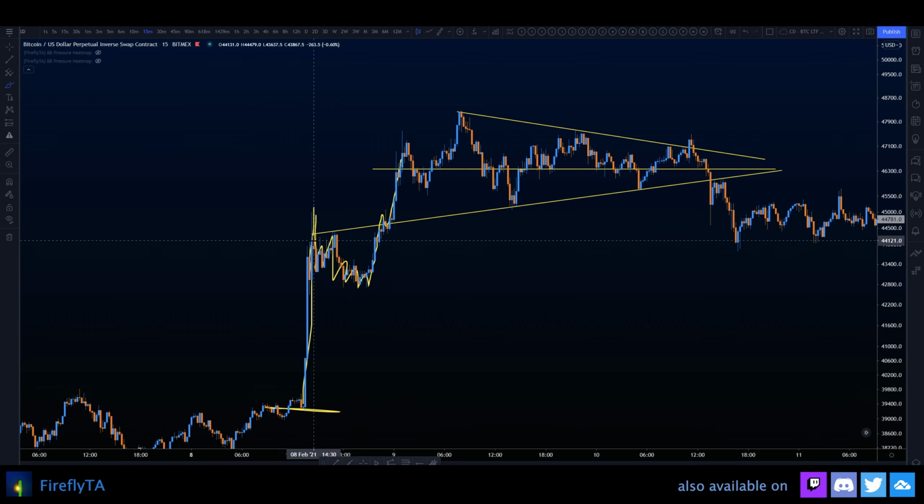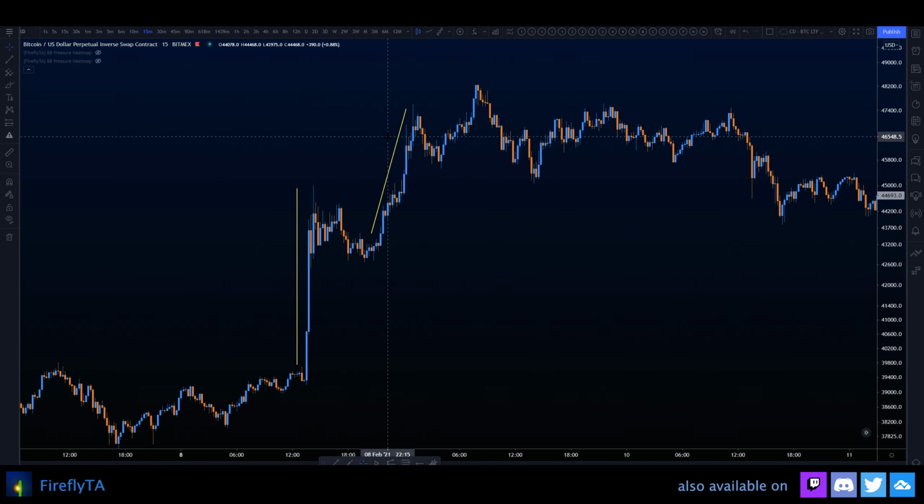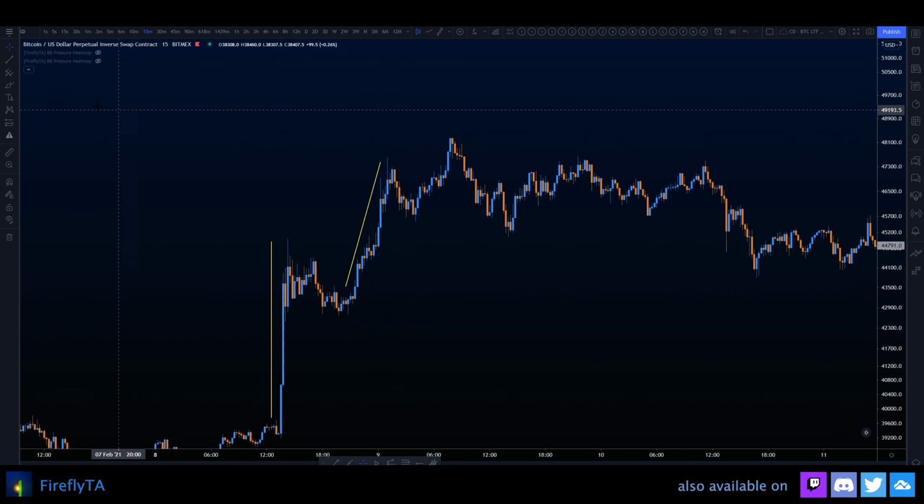We have a flash move up, and then let's look at this in terms of vectors. You have this move, and now you have this move. It's not as steep anymore, and it's also not as large, as you can see. The magnitude of this move is not equally large. Now you have a third leg up.